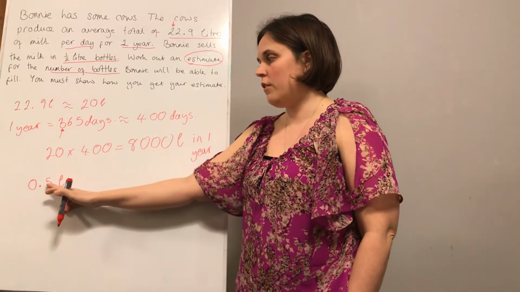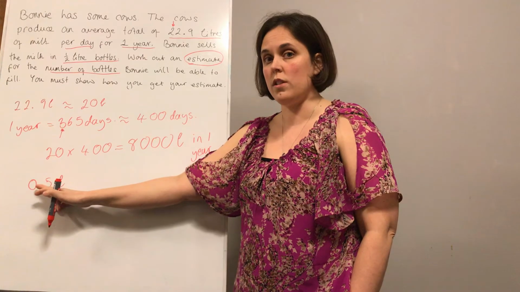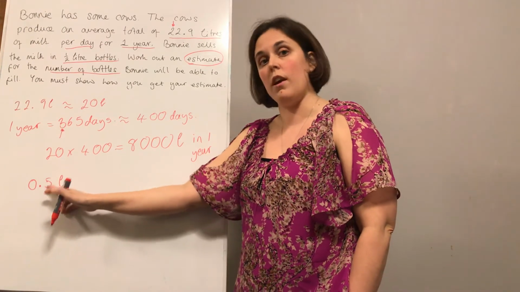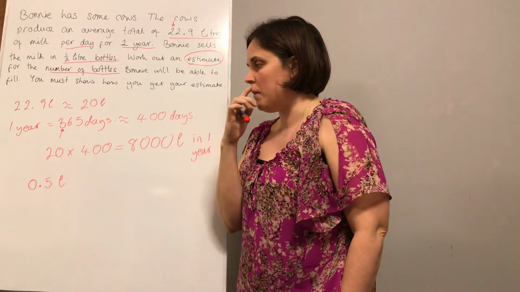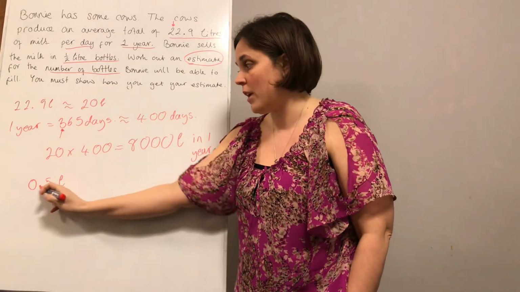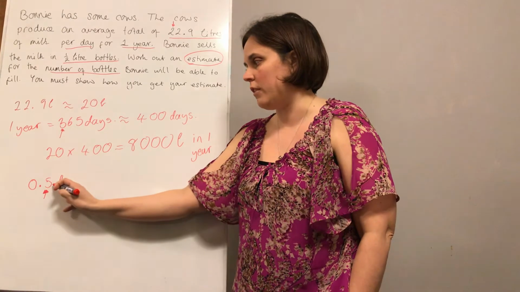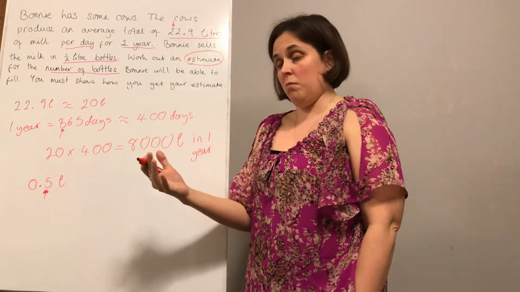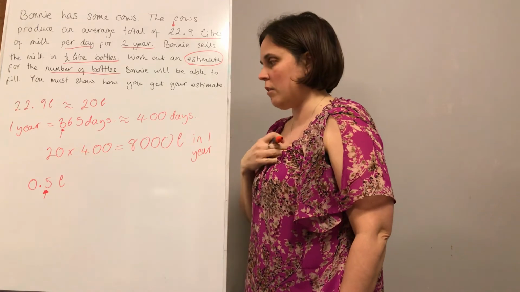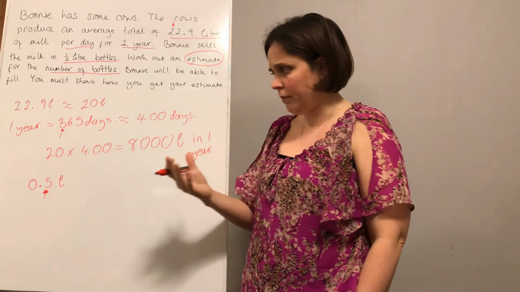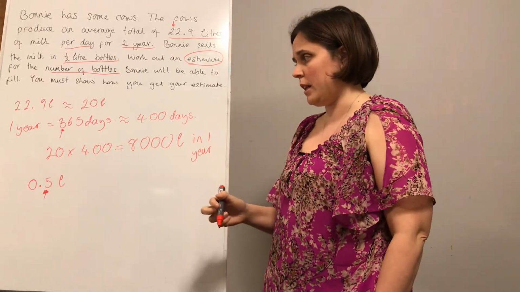So significant figures start with the first non-zero. Once you reach a non-zero, everything after that is a significant figure. So here our first significant figure is actually the 5. So 0.5 litres remains as 0.5 litres. Okay, you don't need to do any more rounding with that.